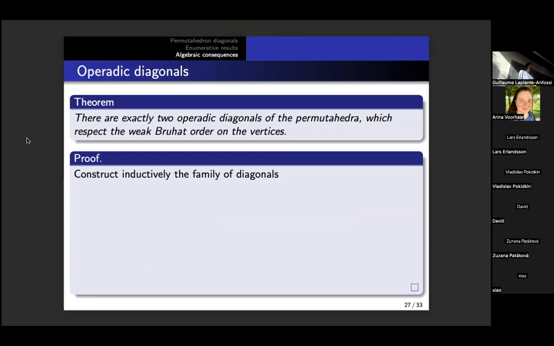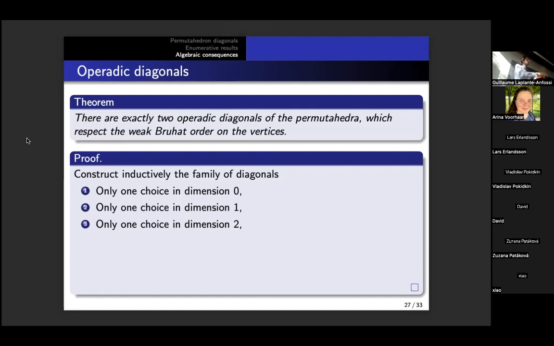And then, well, how do you go on to prove such a result? You can do a purely combinatorial proof. So you go inductively. So you start in dimension 0, and there's only one diagonal for the point. In dimension 1, if you choose to respect the weak Bruhat order, there's only one choice.